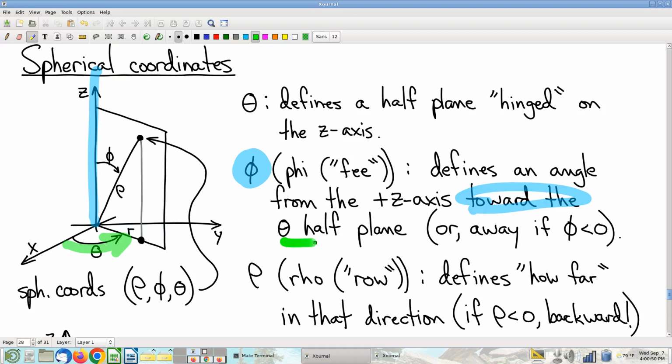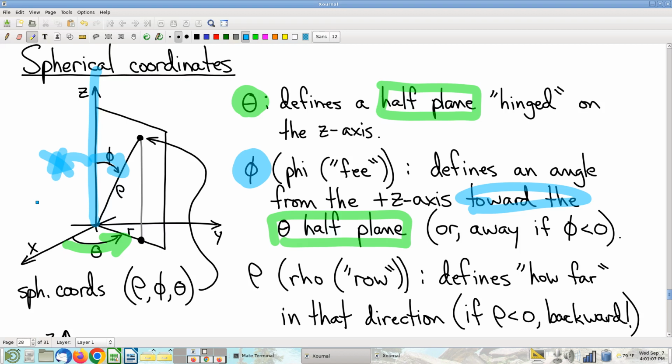So remember, we have a half plane that's defined by the angle theta. So when I say toward the theta half plane, what I mean is positive values of phi go that way. Not back this way. Not in some other random direction. But toward and into the theta half plane.